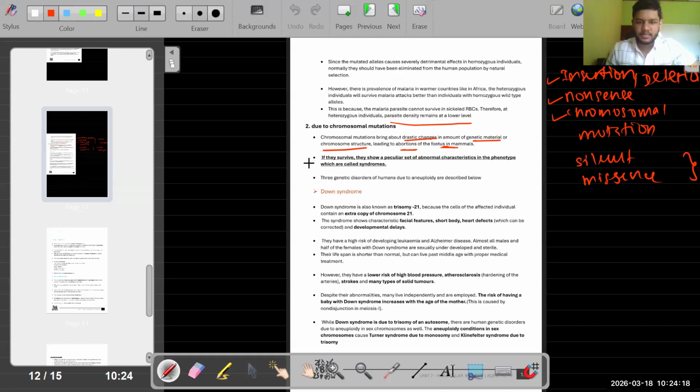Second statement: if they survive, they show a peculiar set of abnormal characteristics in the phenotype which are called syndromes. This is a definition. I have told you to start your compilation of definitions. Right now in Unit 7, you are coming across a large number of definitions, so start compiling them in a small book and maintain it.